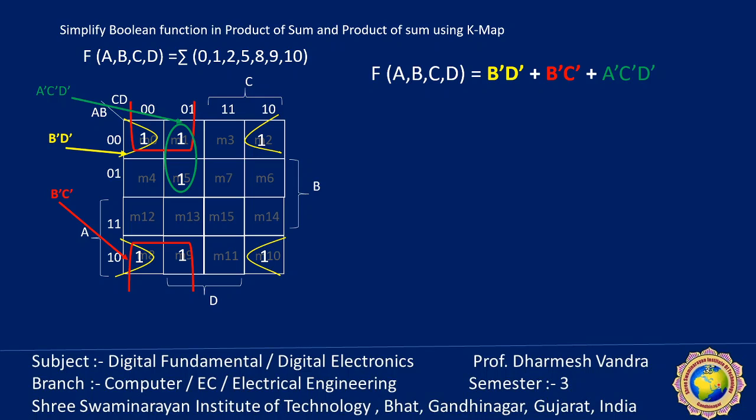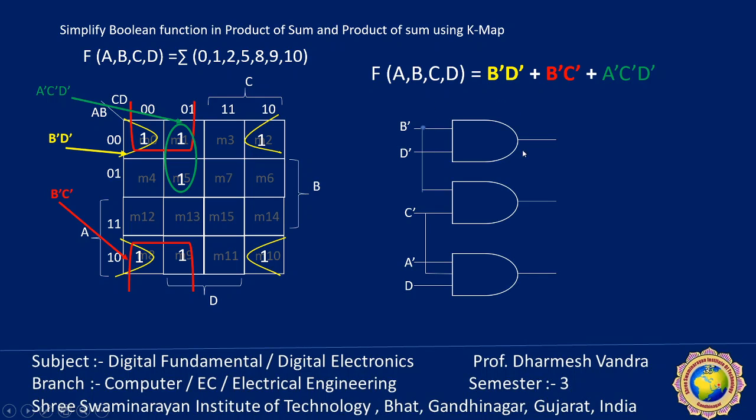So the function is equal to B dash D dash plus B dash C dash plus A dash C dash D dash, and this is called a sum of product form. Three product terms are there, where two products are based on two variables, while the third depends on three variables. In total, four variables are there: A, B, C, D.